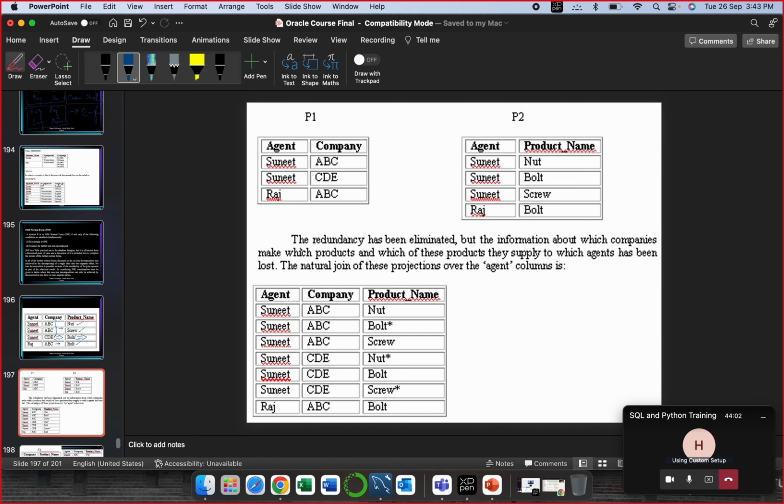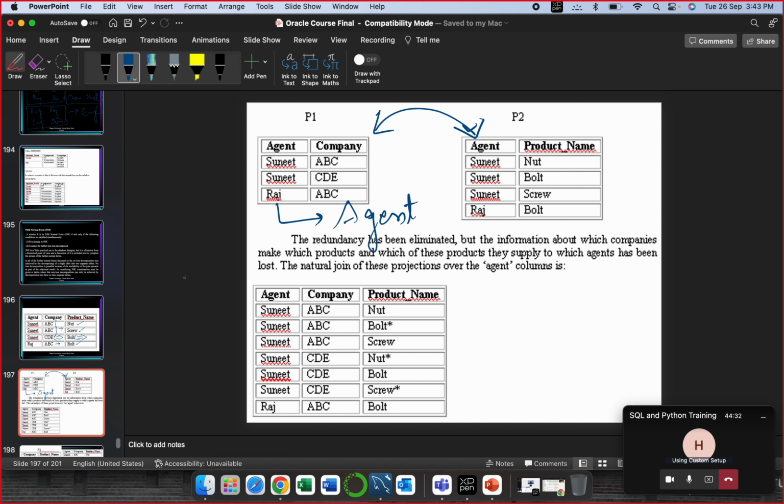Let me just read this out again. The redundancy has been eliminated, but the information about which companies make which products and which of these products they supply to which agents has been lost. The natural join of these projections over the agent column is okay. Now, if I put a join on these tables, P1 and P2, on the column agent, you understand my point?